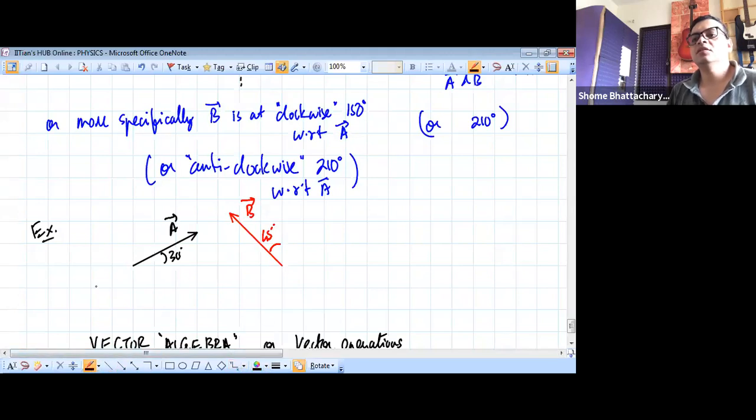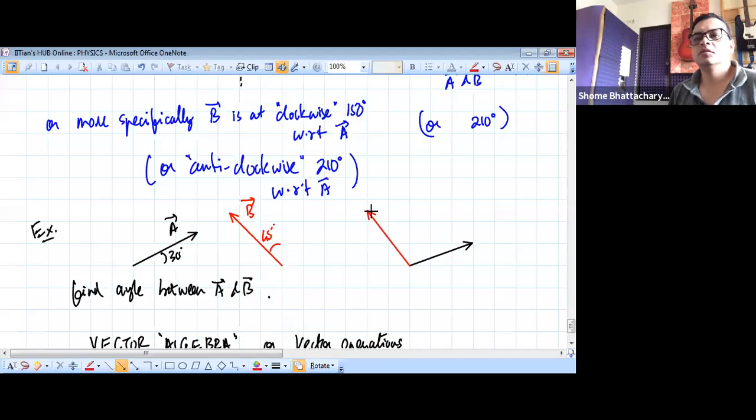Now I ask you the same thing, find the angle between A and B. So here what I'll do is, remember these arrows are movable. So I will move these to a common point. I will draw the same arrow now here, and then I'll draw this same arrow from the same point. Good, that's correct.